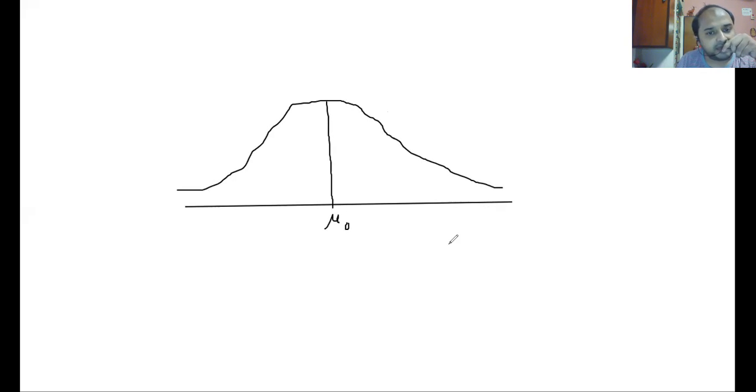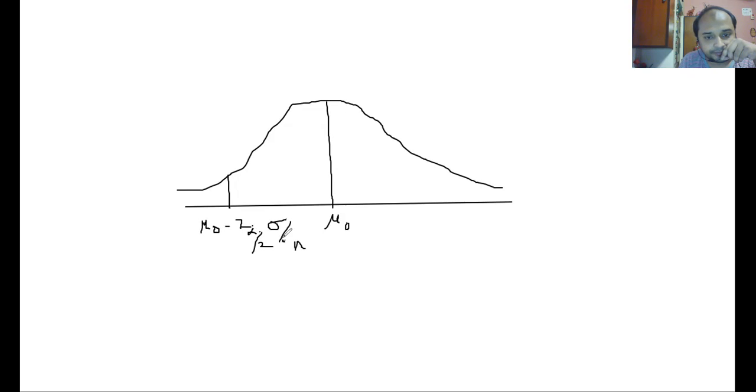So this is the mean part, mu0, and I'm getting a quantity like this over here. So I'm getting mu0 minus z alpha by 2 sigma by root n.